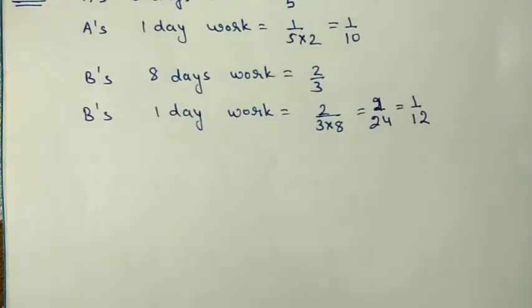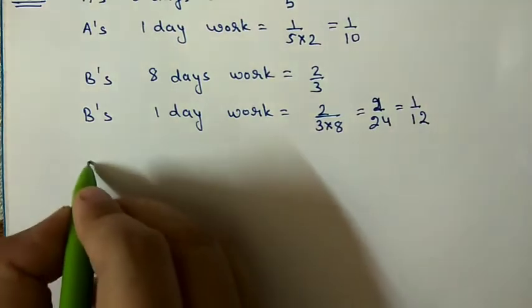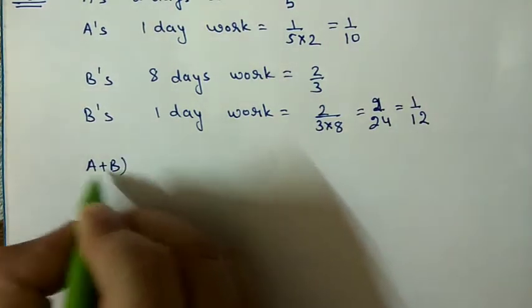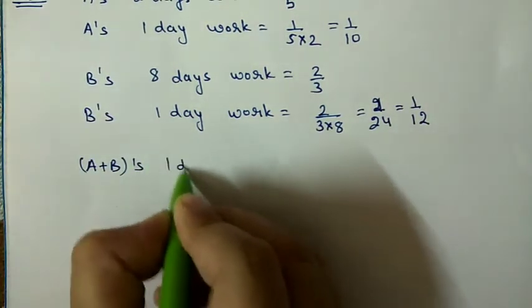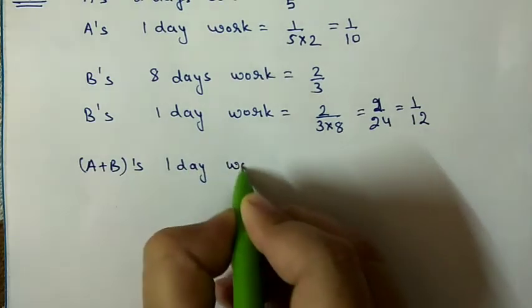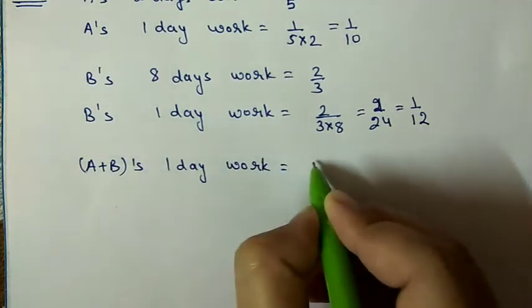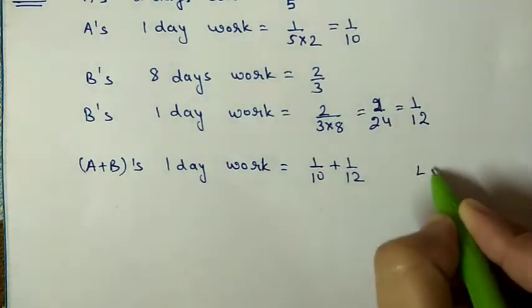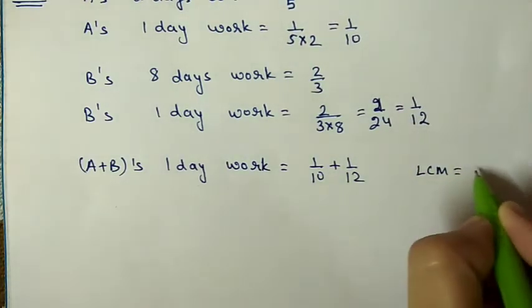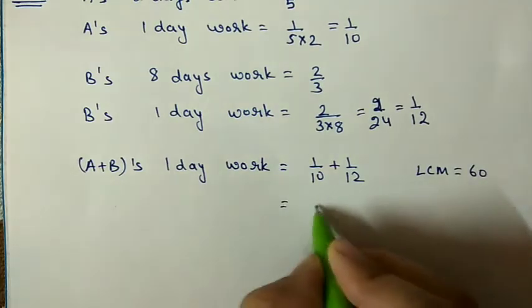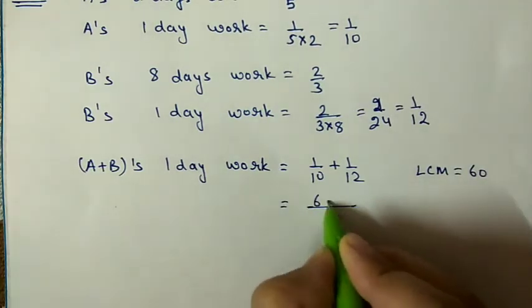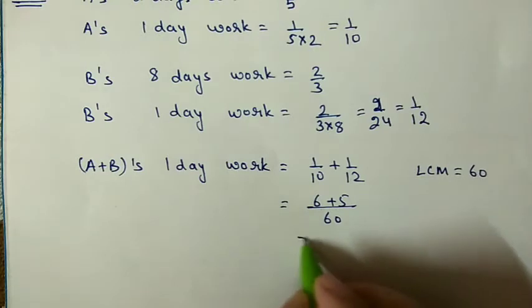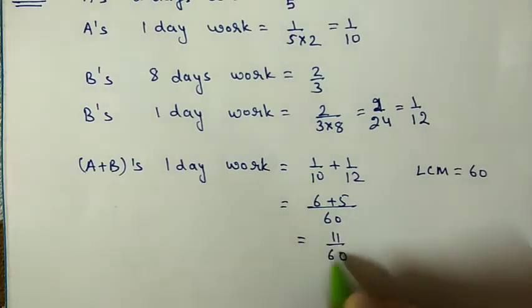After that together their 1 day work, A plus B's 1 day work will be 1 by 10 plus 1 by 12. Again we have to take LCM for 10 and 12. LCM will be 60 here. 10 6s and 12 5s, so we will get here 11 by 60.